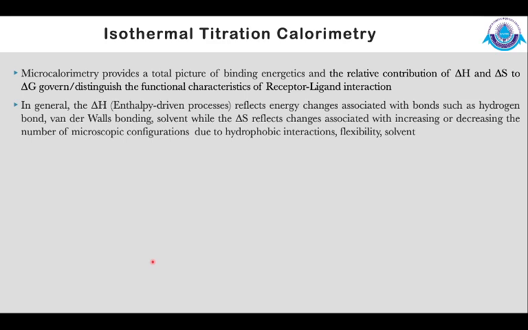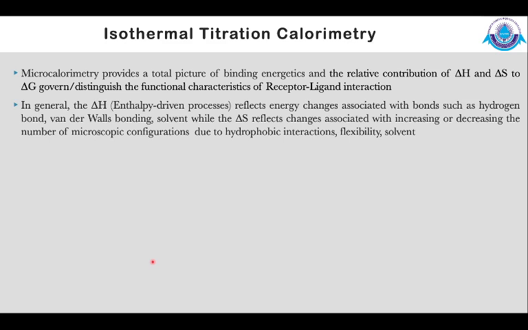In general, delta H depends on the number of bonding interactions, such as hydrogen bonds or van der Waals interactions, and so on. These types of interactions are reasonably strong and contribute strongly towards the binding affinity, and are enthalpy driven processes.